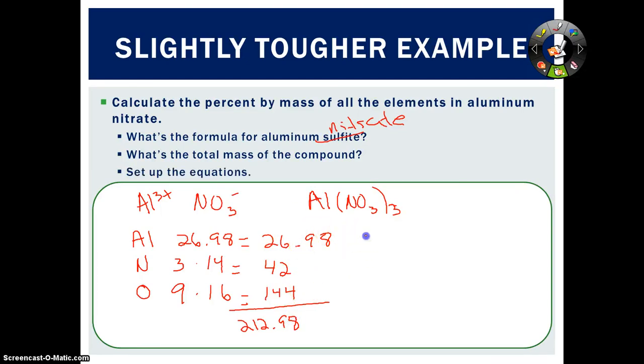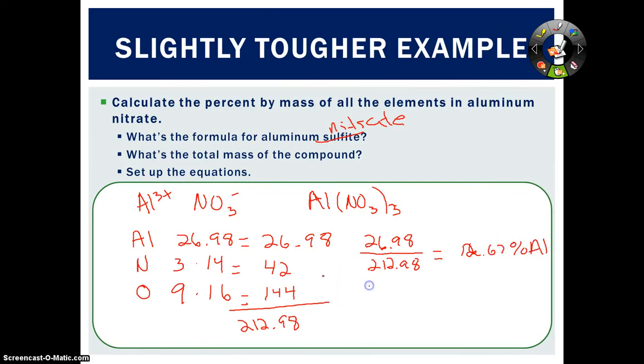Now I've set up the equations. First for aluminum, 26.98, the mass of aluminum divided by the total mass gives me 12.67% aluminum.